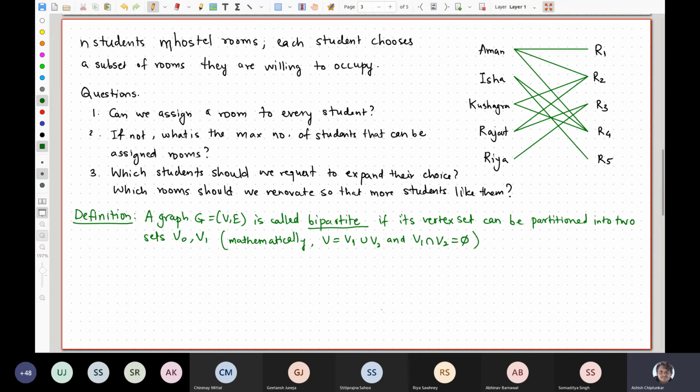So we call the graph bipartite if its vertex set can be partitioned into two sets, sorry, V0 and V1, such that every edge has one endpoint in V0 and one endpoint in V1.